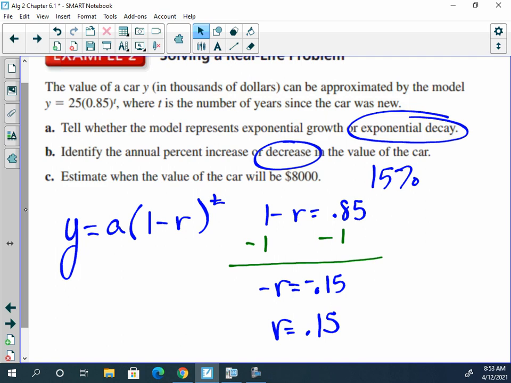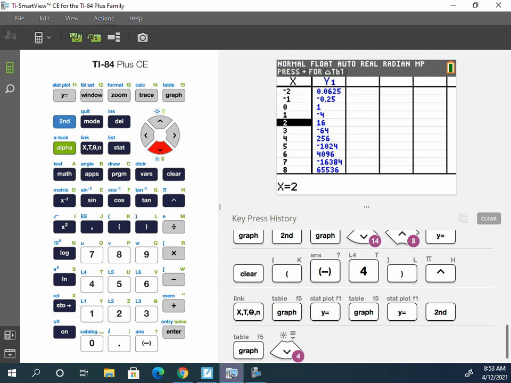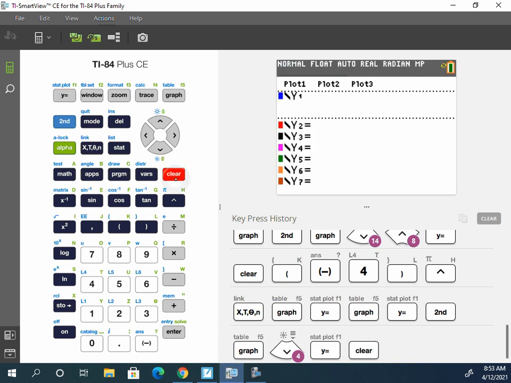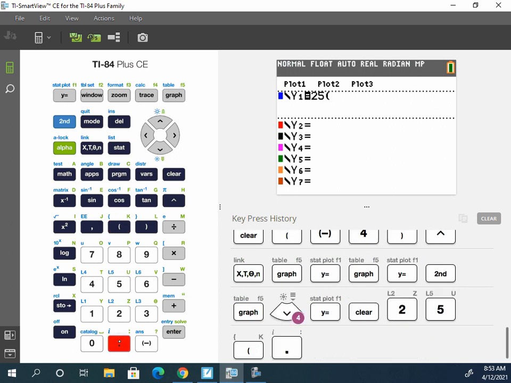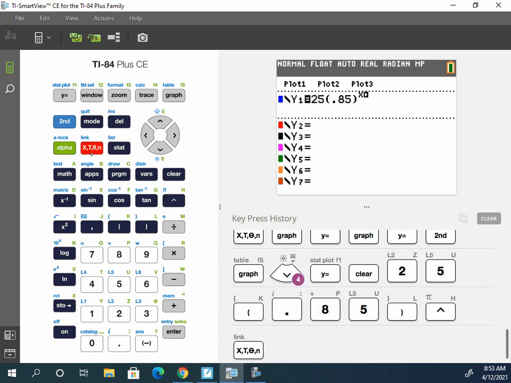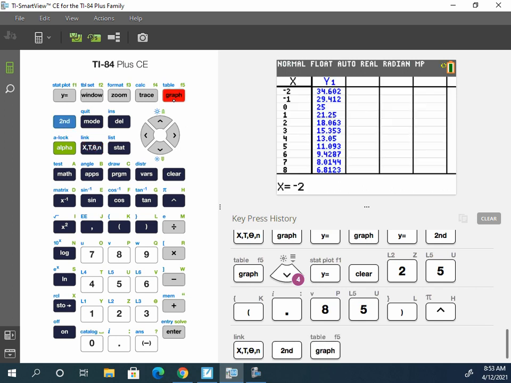Or I can grab this and go y equals 25 times 0.85 to the x, because when we graph y on a coordinate plane, we're always in y and x. I'm going to replace t with x. T is our x now, is time. We're wanting to know how many years it's going to take for it to go from 25,000 to 8. Yes? For 25 to 8.